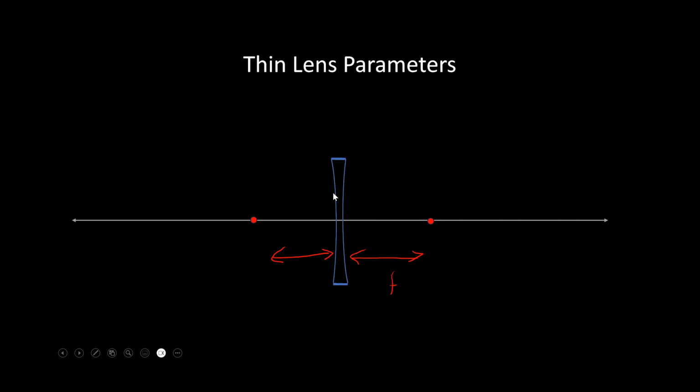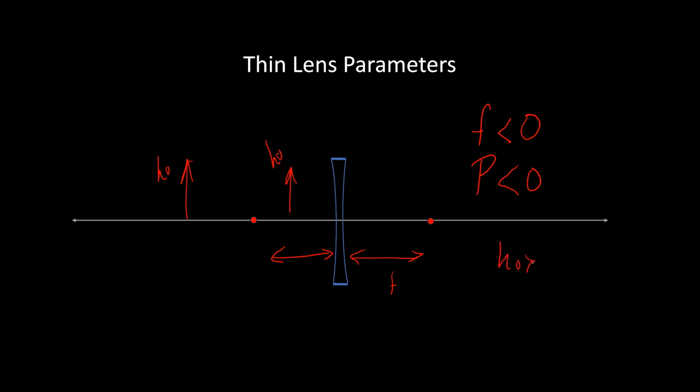So here we need to know that the focal length is less than 0. For a diverging lens, the focal length is negative, okay? And thus the power is negative for a diverging lens. The object, whether it sits outside or inside the focal point, the height is positive and the distance to the object is positive.